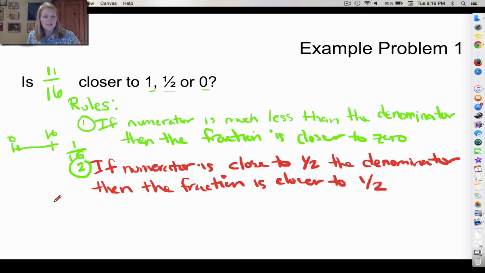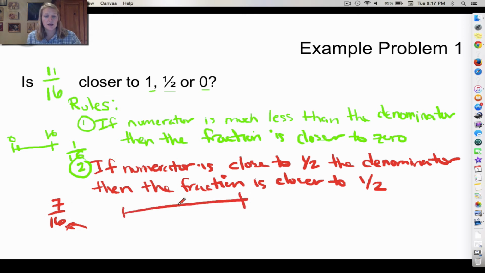Okay, so if you have something like 7/16 in this example, you want to look and say, okay, the whole denominator is 16. If I were to divide this in 2, it would be 8. So is 7 close to half of the denominator? And the answer is 7 is really close to 8. 7 is a lot closer if you look at that number line, right?